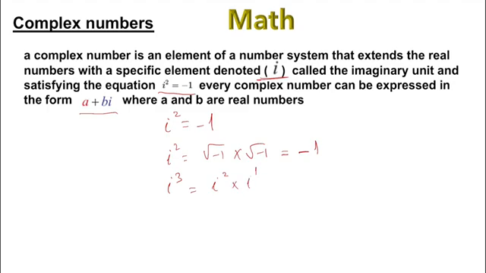And you know, when we multiply exponents, we add them. So i to the power of 2 is -1 times i, which will be -i.